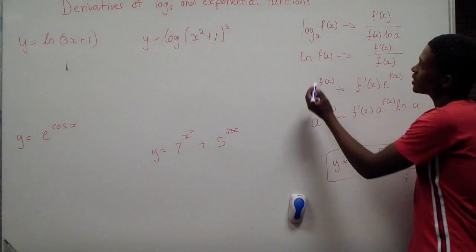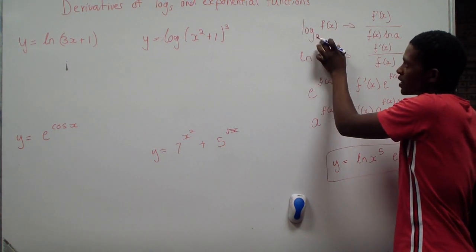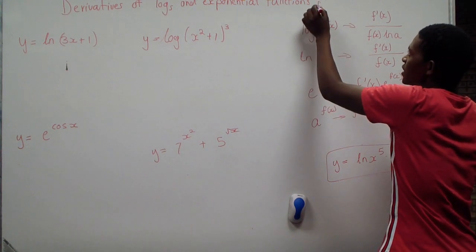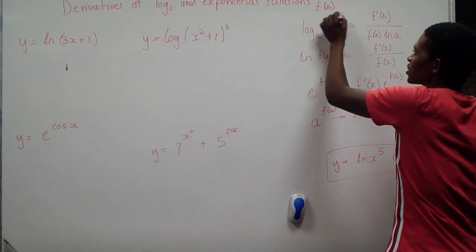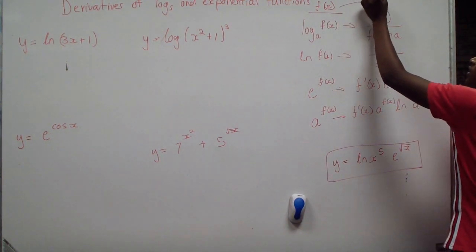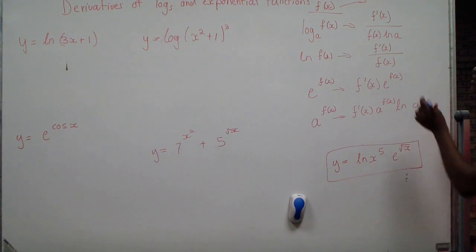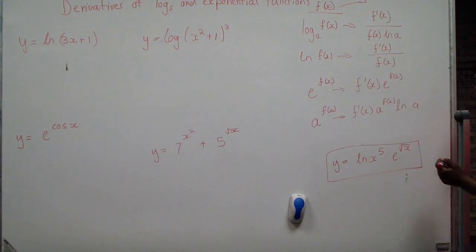Let's say you have a log of f at x, and the base. This is the original function. When you derive this, you'll have the derivative of your function, which you could call f prime x.